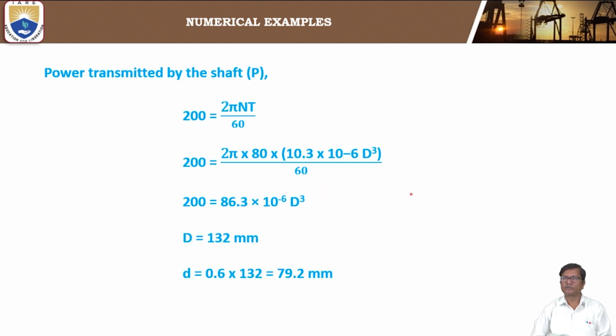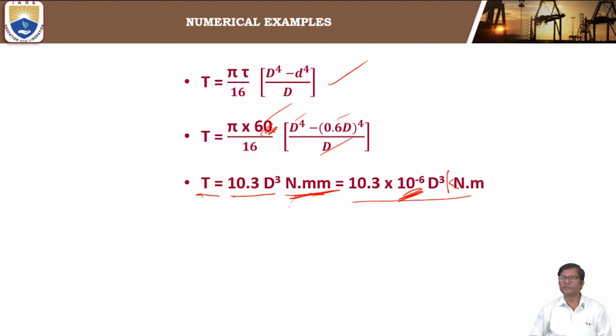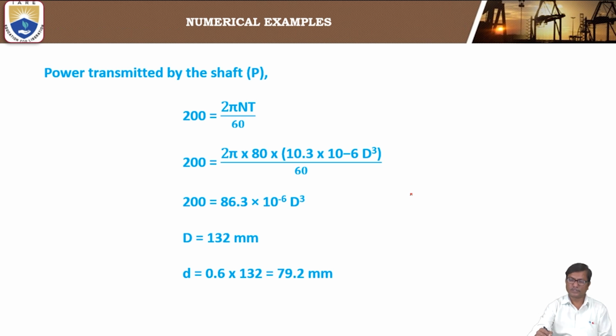Now the power transmitted is given, 200 kilowatts. Let us substitute the value of T as obtained here in terms of D in this equation. And the speed of shaft is given 80 rpm, so we divide it by 60 to convert it into rps, revolutions per second.